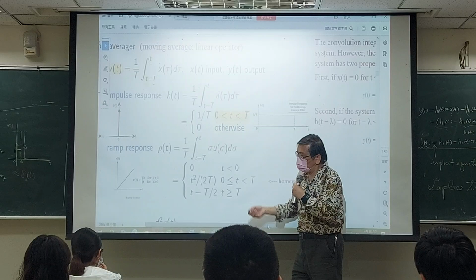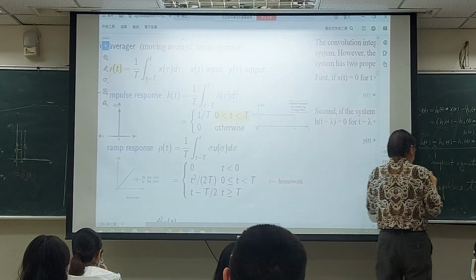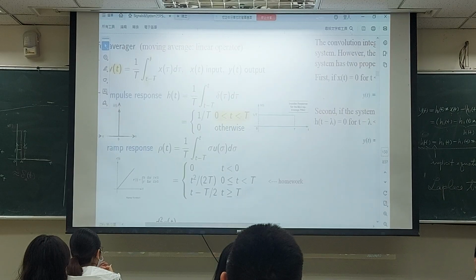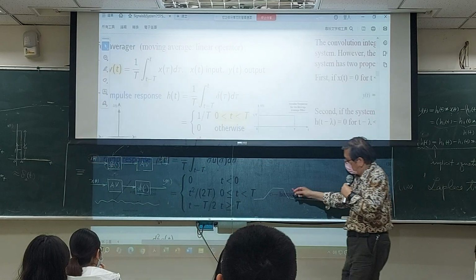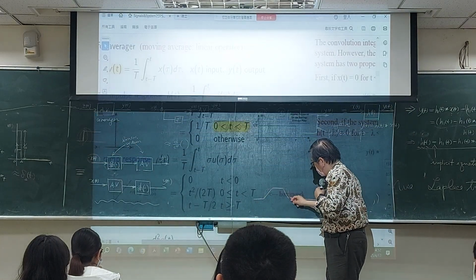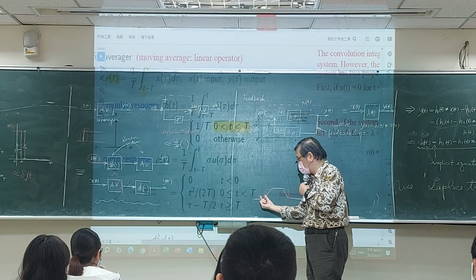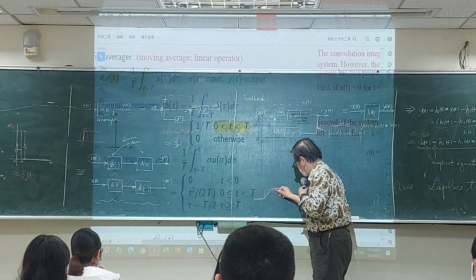Okay, so when the delay time becomes smaller and smaller, the trapezoidal shape, this is the trapezoidal shape, if the time step is smaller and smaller, will be more and more like a rectangle.